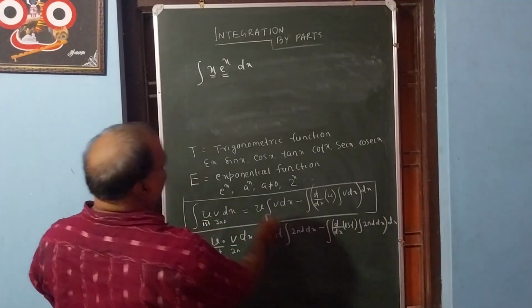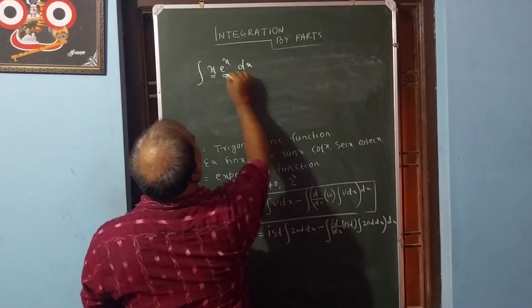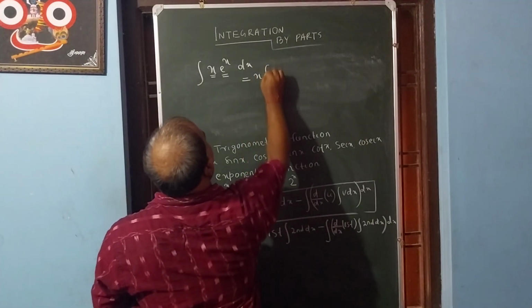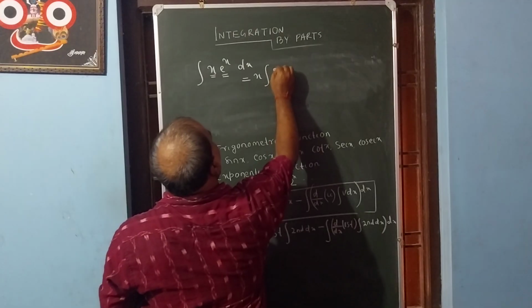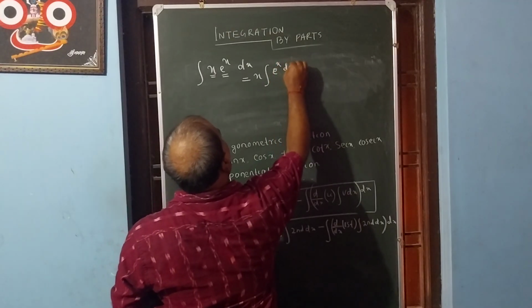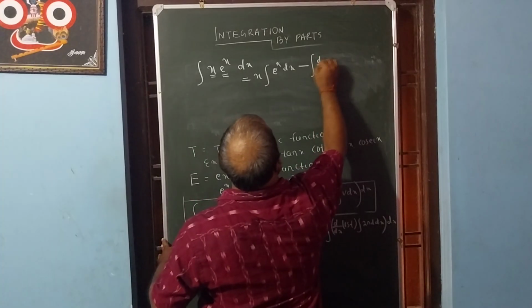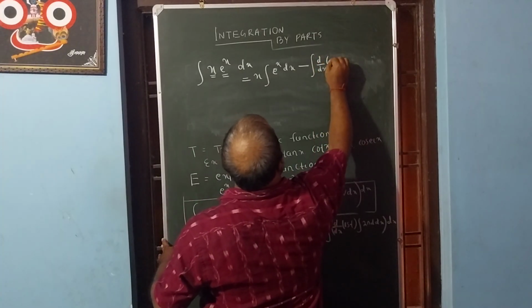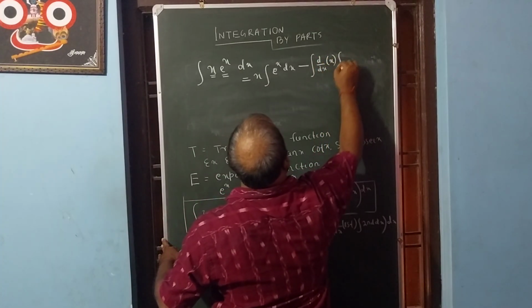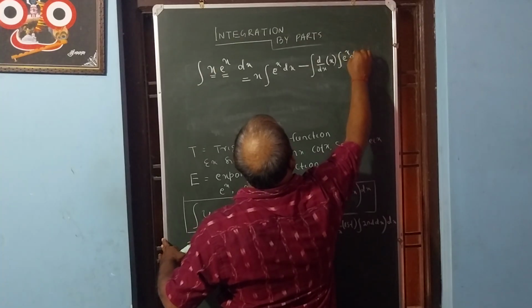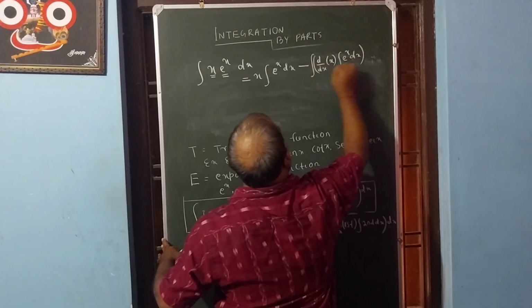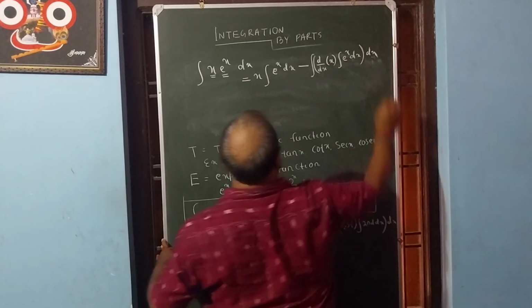So applying the formula, first means x, integration of e to the power x dx, minus integration of derivative of first times integration of second, whole into dx. This is the formula, you remember.